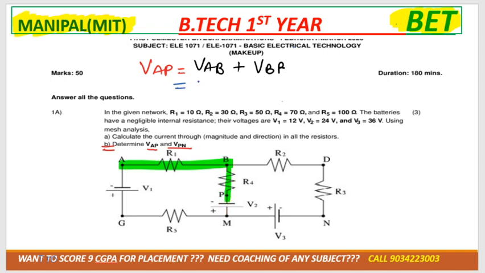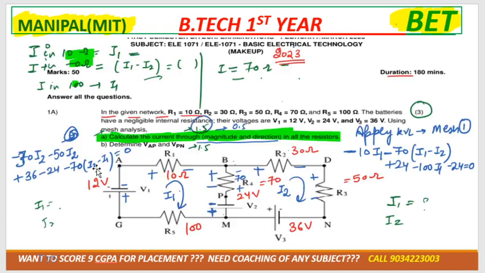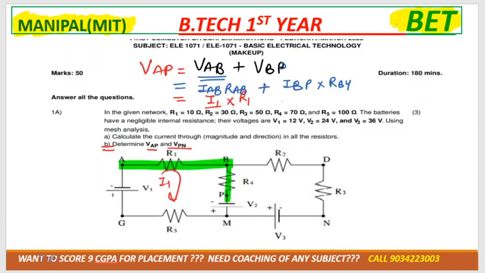So VAB, we can write as IAB into RAB, and VBP is IBP into RBP, correct? IAB is I1, so I1 into R1, and we got the value of I1 in the previous A part, and R1 is already given, plus IBP.